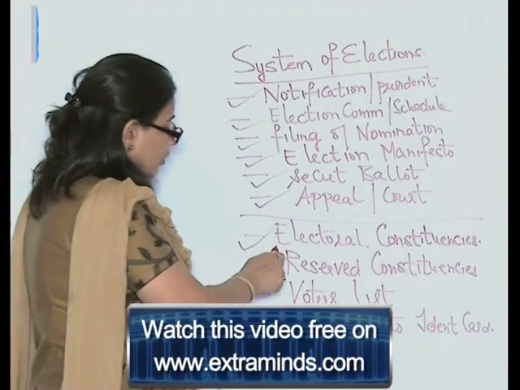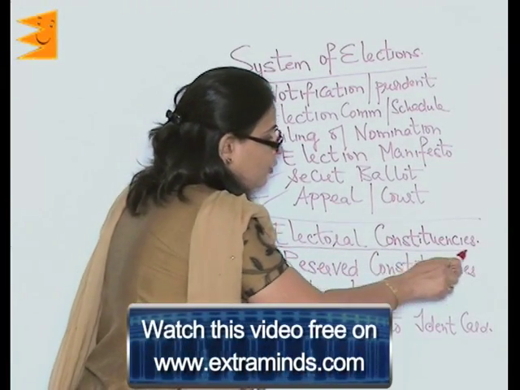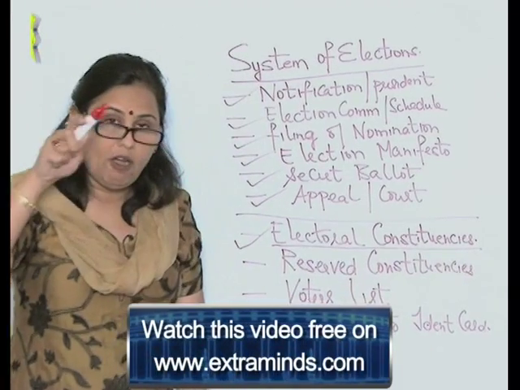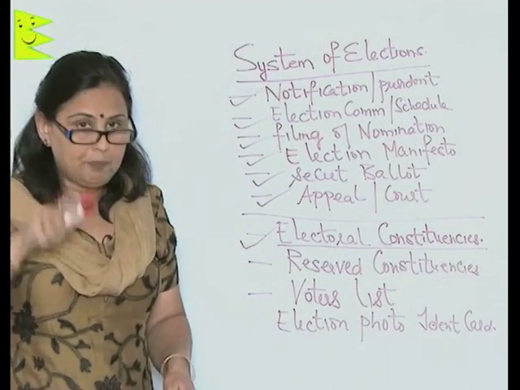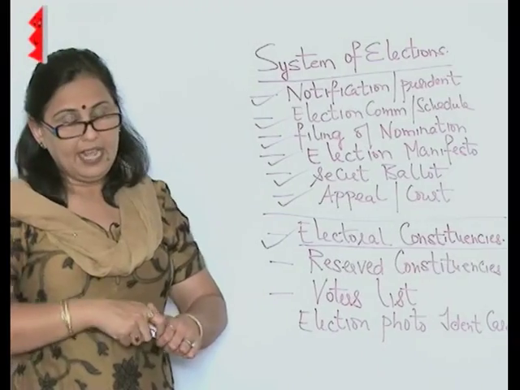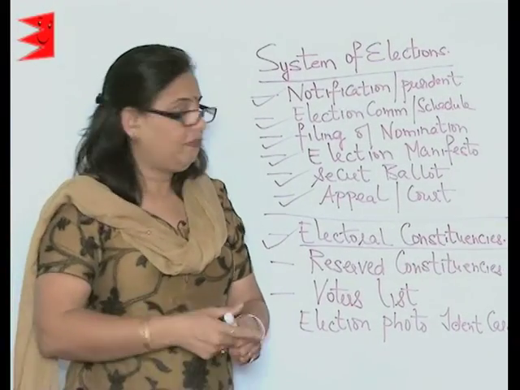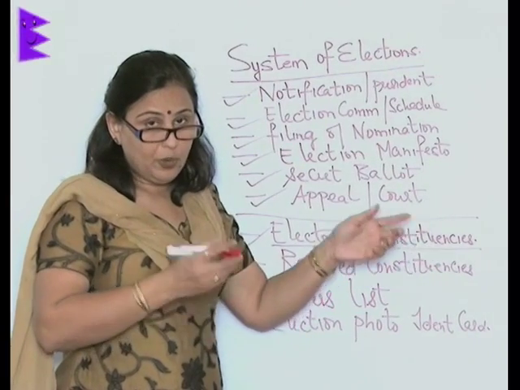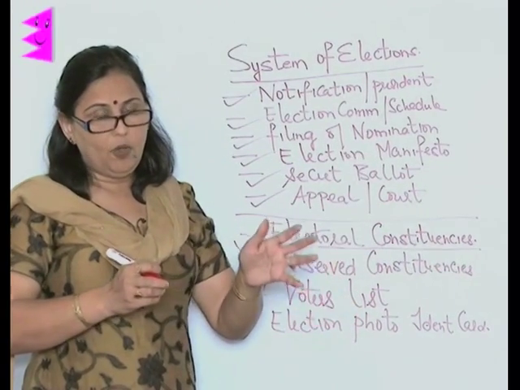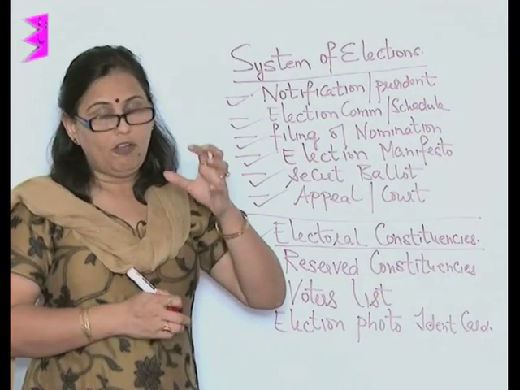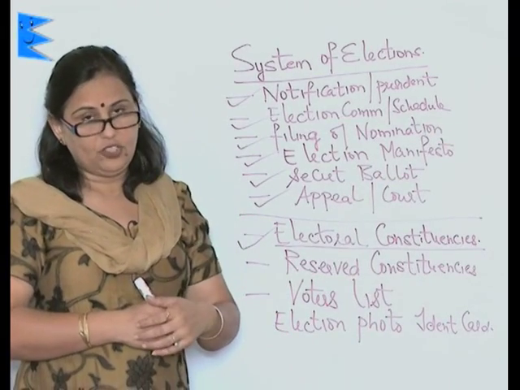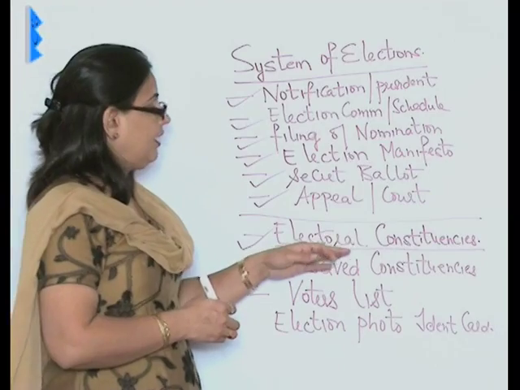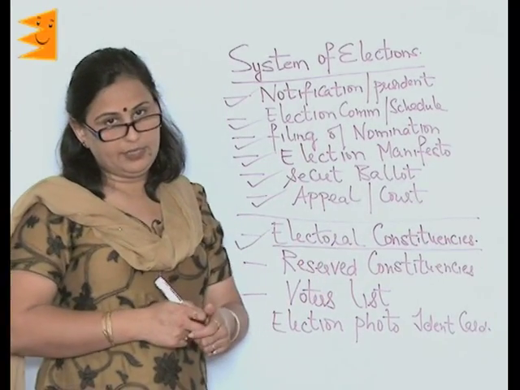So, that particular area becomes the electoral constituency of that particular person who gets elected, and he is responsible for his voters. So, when you are dividing the country on the basis of contesting elections, it's called electoral constituencies.